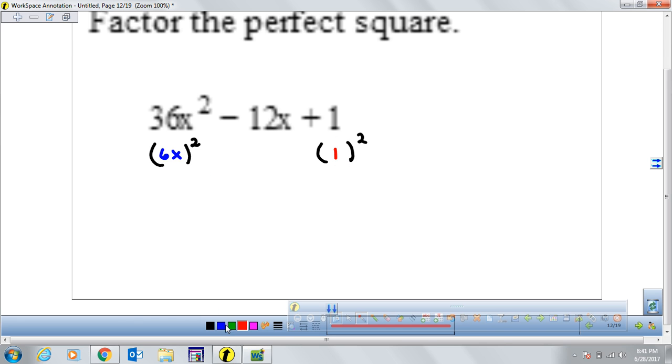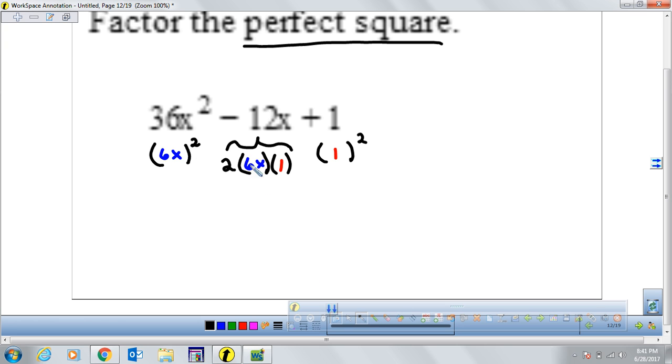Now, the last part of the rule tells you that you need to put them together. Multiply that 6x times that 1, and then double that result. If that equals the middle term, then this is in fact a perfect square. That's how you actually recognize a perfect square trinomial.